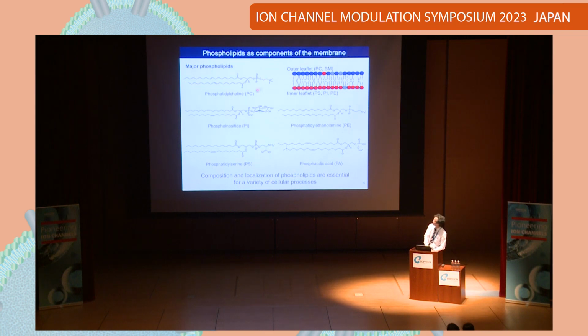For example, phosphatidylcholine and sphingomyelin are distributed to the outer leaflet, whereas other phospholipids such as phosphatidylserine and phosphoinositides are exclusively localized to the inner leaflet. It has been shown that the composition and localization of phospholipids are essential for a variety of cellular processes, including morphogenesis, apoptosis, and signal transduction.